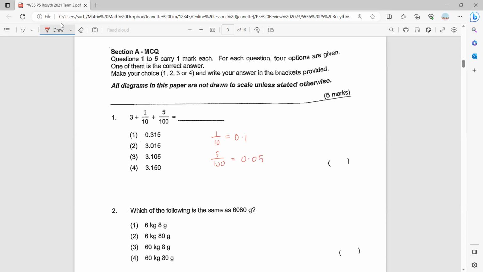So when I add them up, your 3 wholes, it'll be 3.15. 3.1 in the tenths place, 5 in the hundredths place. So you choose 4 because 3.15 is the same as 3.150.